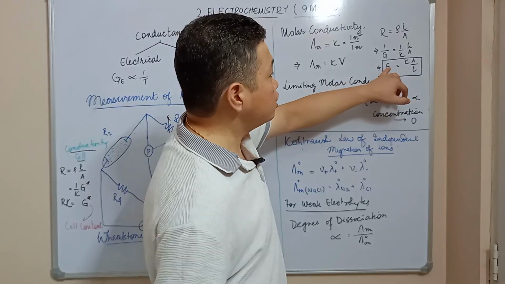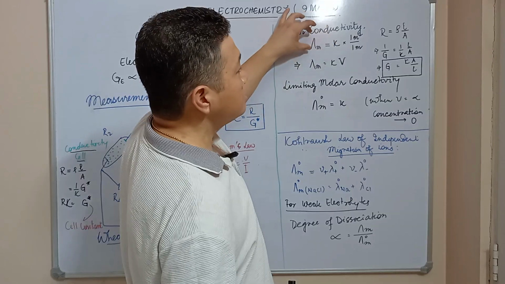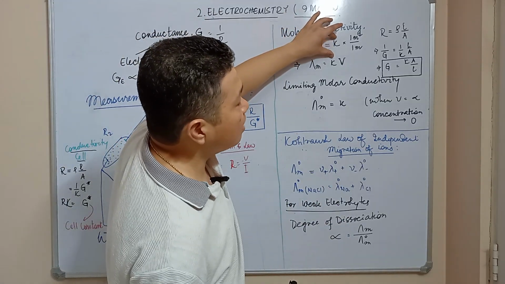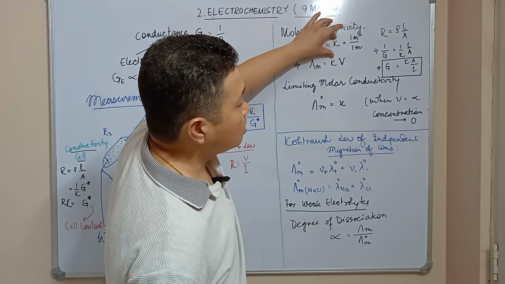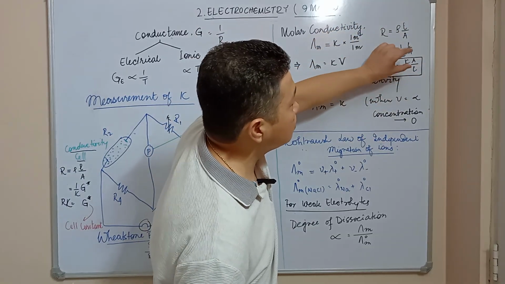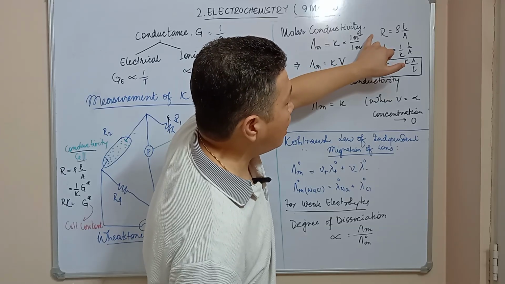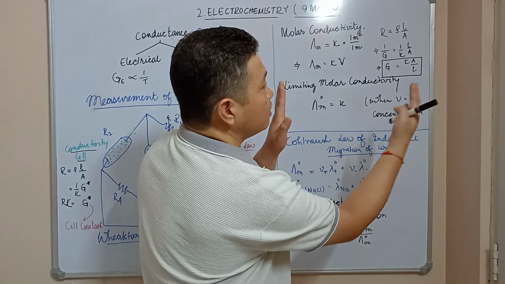So molar conductivity of an ionic solution is nothing but the conductivity of the ionic solution between unit area and a distance having unit length.